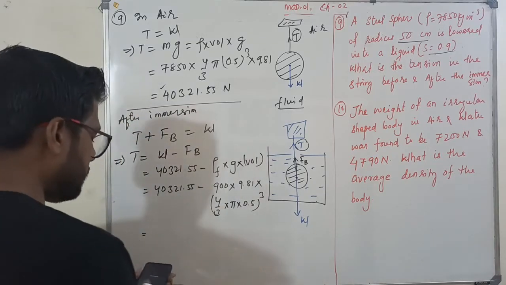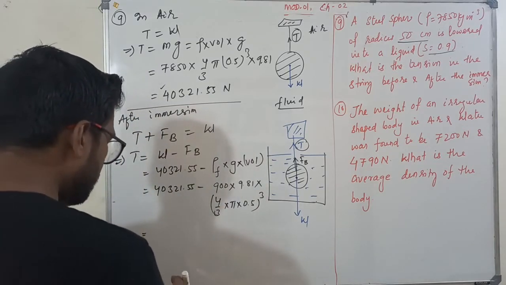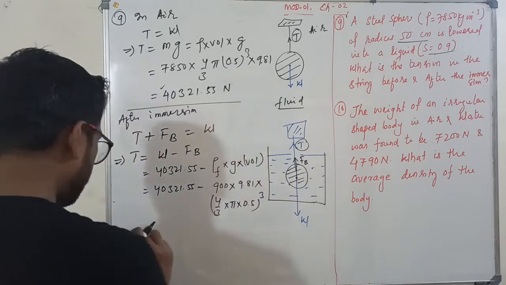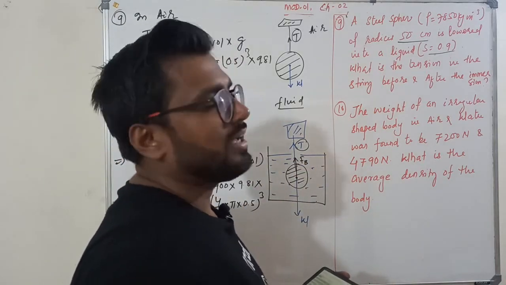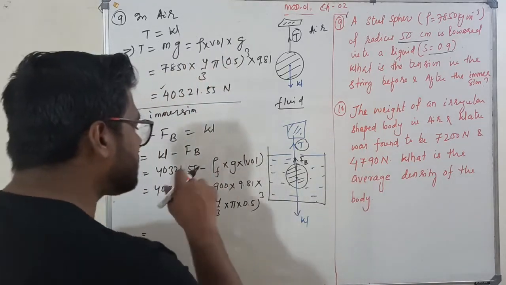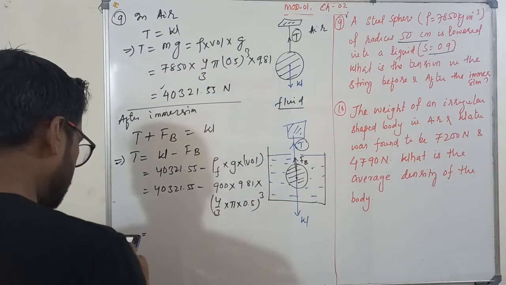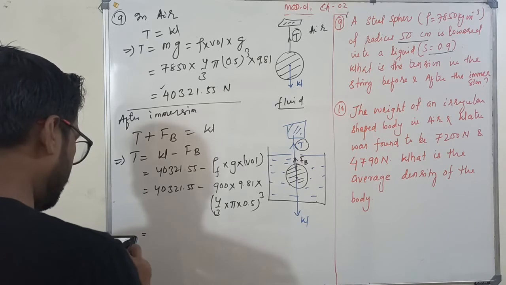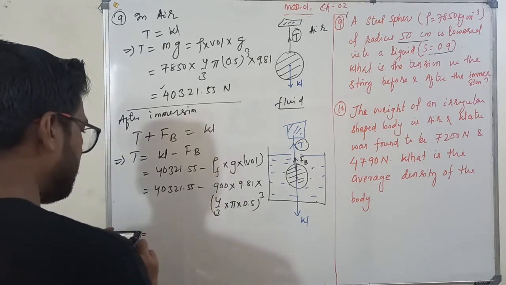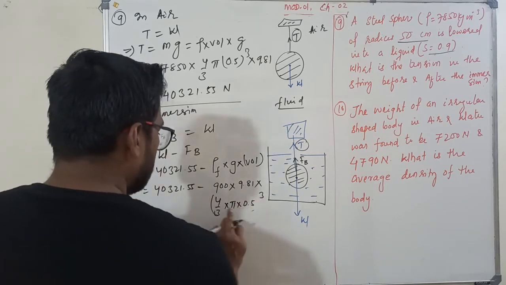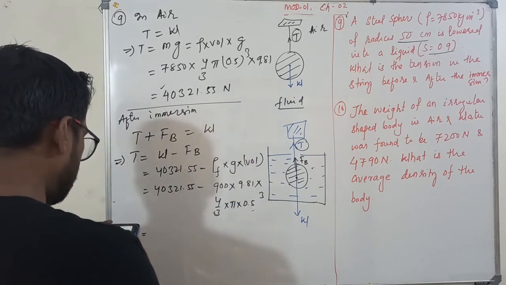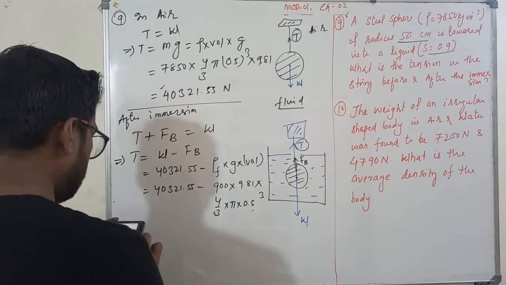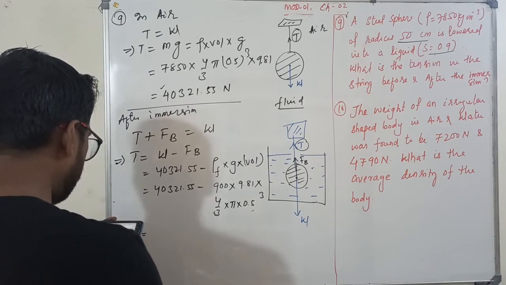Solve this problem. Whether the data is correct or not, we'll see. In the initial question, the data was in FPS, foot, pound and all. I just gave some random values. So 900 multiply 9.81 multiply 4 by 3 pi R cube, that is 1.33 multiply pi multiply 0.5 cube.